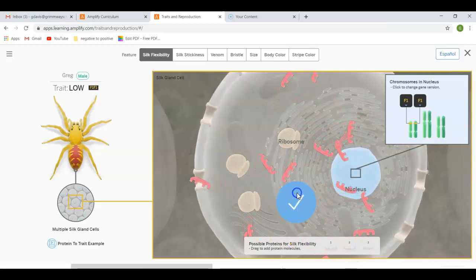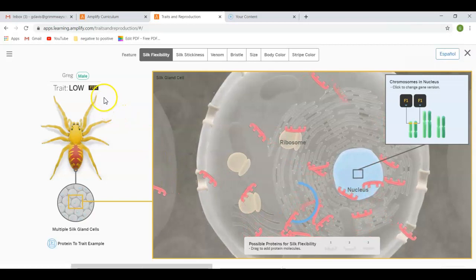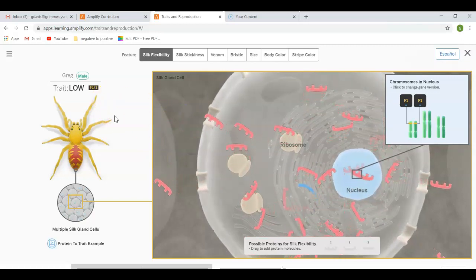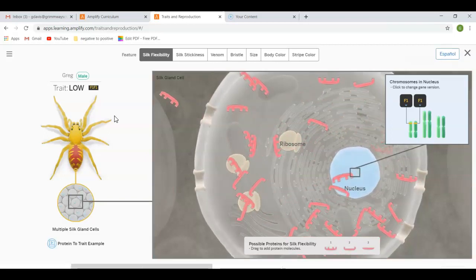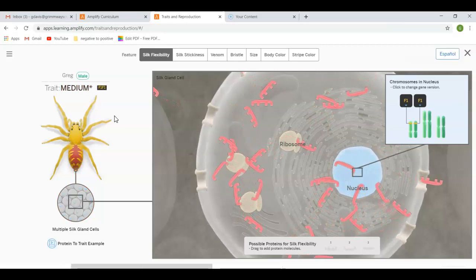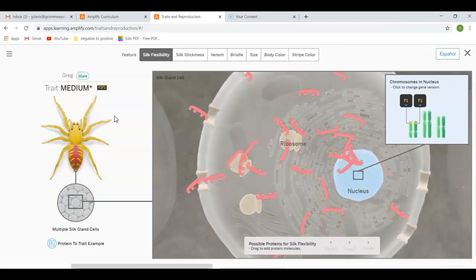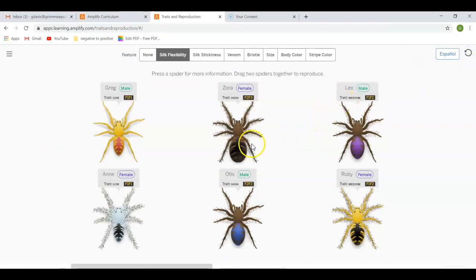But when I added the 2, he moves up to a medium. So the only thing here is that I would suggest trying to find spiders that have a 1 protein and then 2 proteins. Like Zora, as you saw, she already had 2 proteins. So let's go back to Zora real fast.